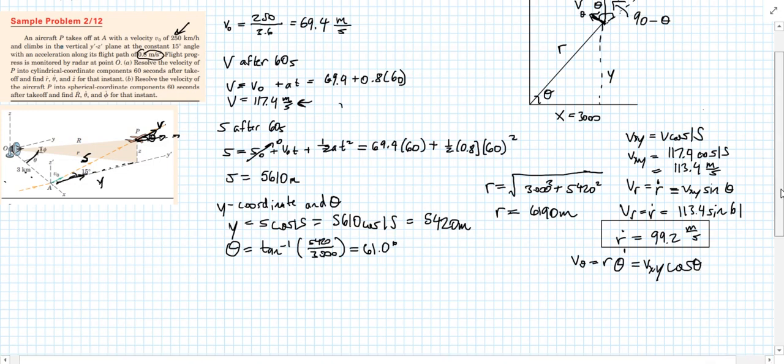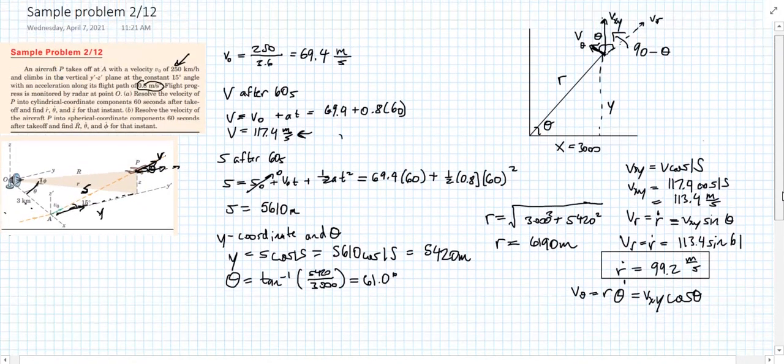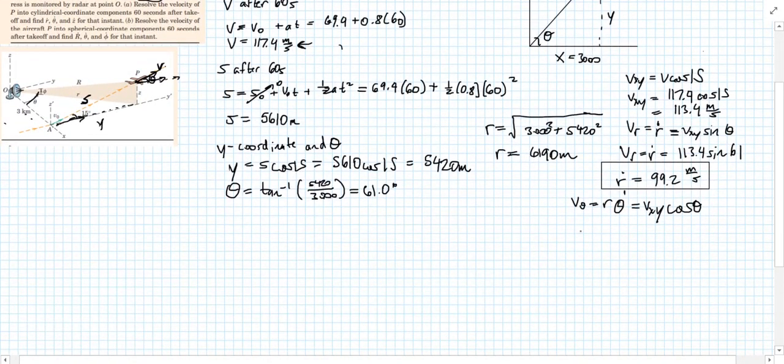And again, this is because the angle between v theta and vxy is theta. So we're going to have r times theta dot equal to 113.4 times cosine of 61. So r times theta dot is going to be equal to 55 meters per second.